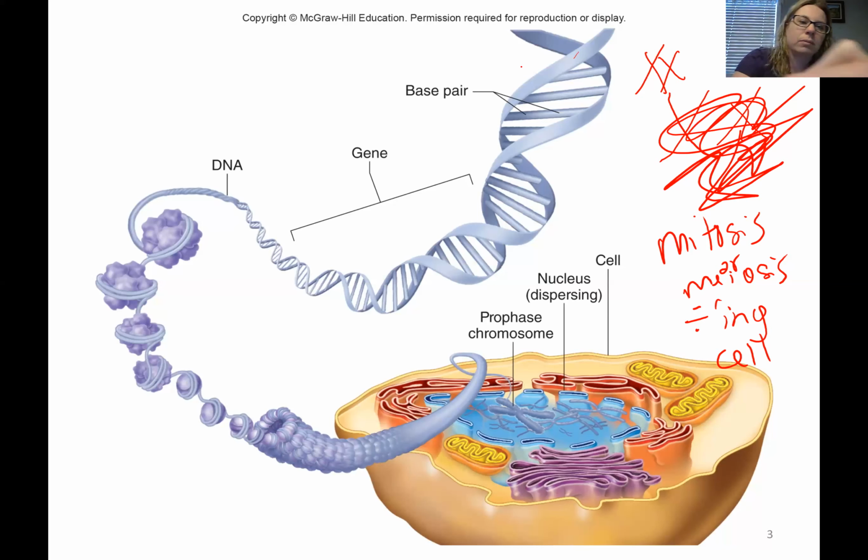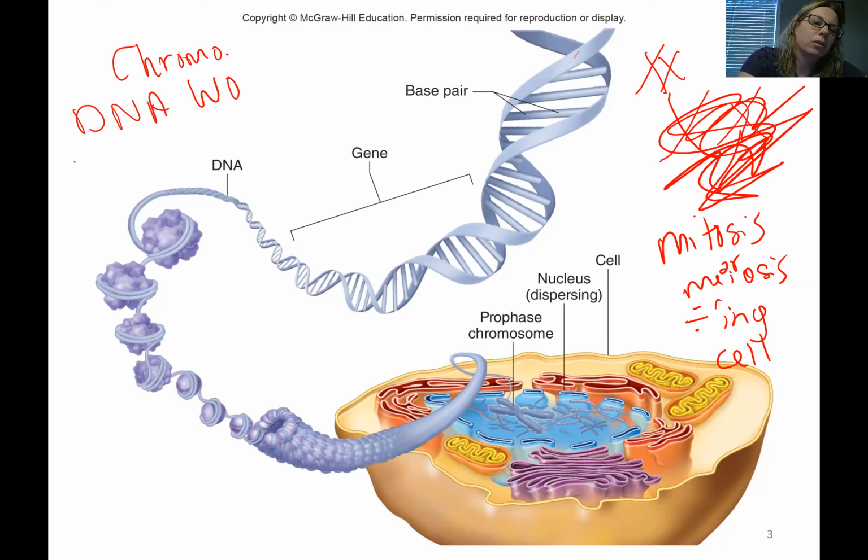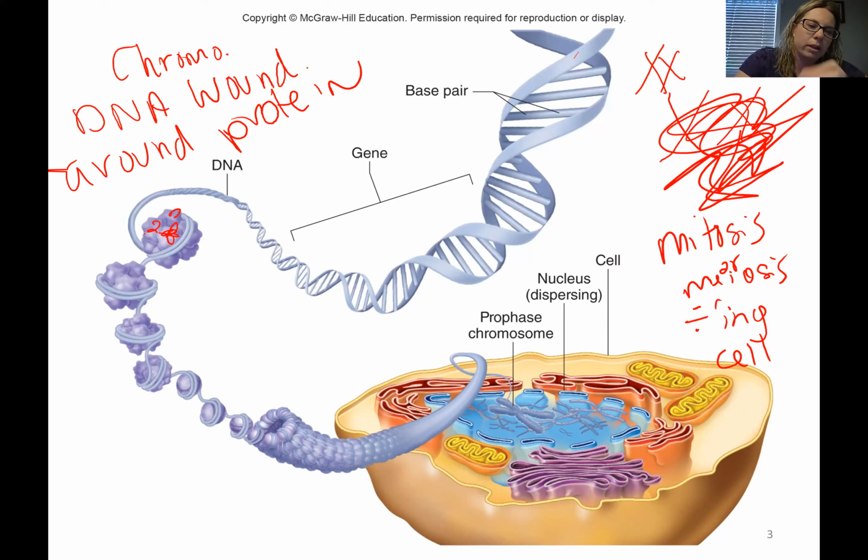The chromosome is DNA wound around proteins, those purple structures here. I think there are like 8 of them, called histone proteins, that the DNA winds around. That's what makes up the chromosome. Now, a gene is a segment of DNA within the chromosome.